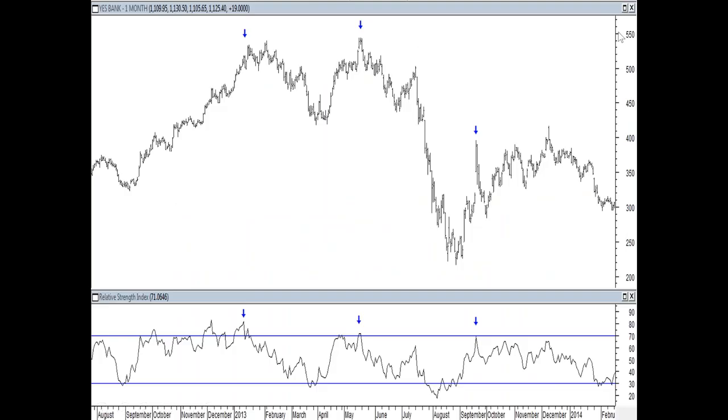Similarly, there is a chart. Suppose here the RSI touches 70 at this point. That means very few participants are there in the market to buy, and the price corrects. Again the price rises and it touches 70 again. That means again there are fewer participants coming into the trend, and the prices start falling again.